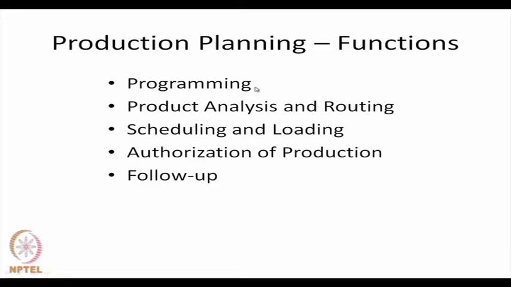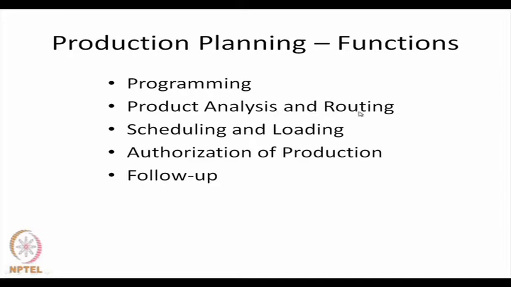We illustrated the example of aggregate production planning and product mix, and then we said that there can be various formulations of different problems, both static and dynamic models and deterministic and stochastic models. We did not discuss much on programming aspects. Then we went to product analysis and routing.